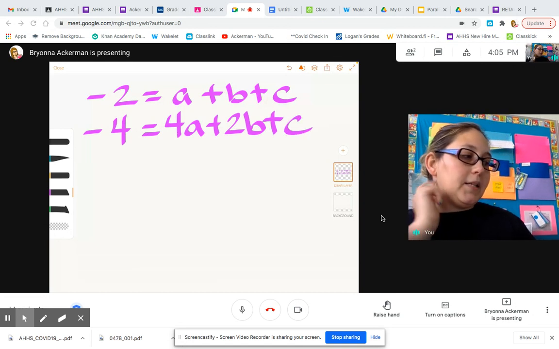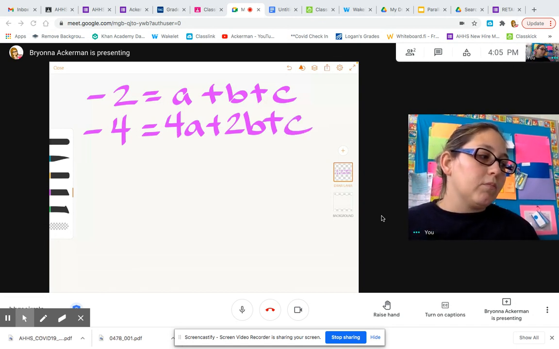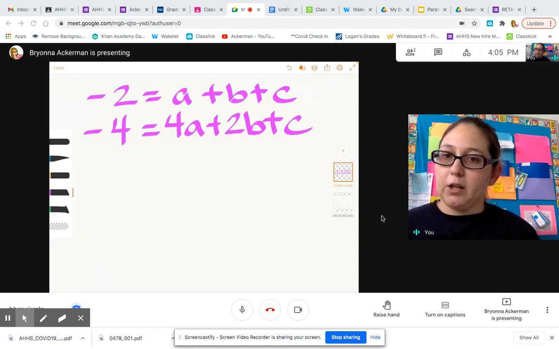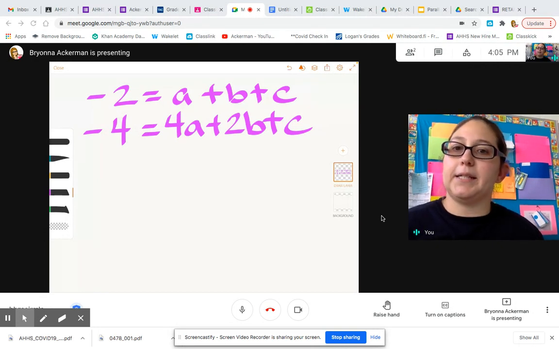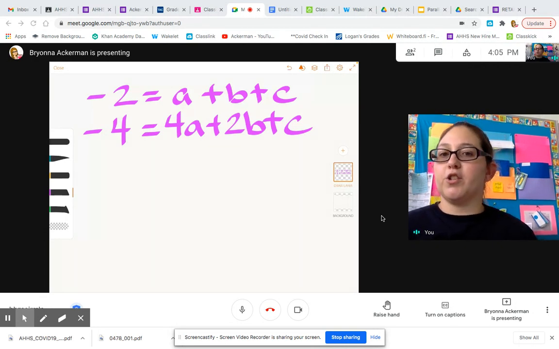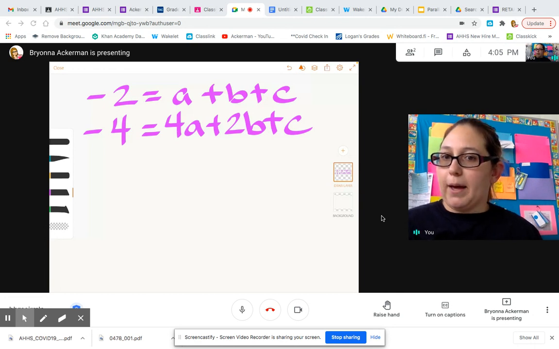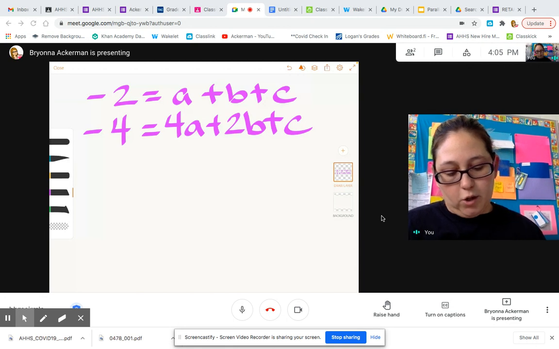Since in this case c is already alone, it would be the easiest to eliminate c first because there's no number with it. But again, it doesn't matter. You can eliminate any one you want. So I'm going to do c.